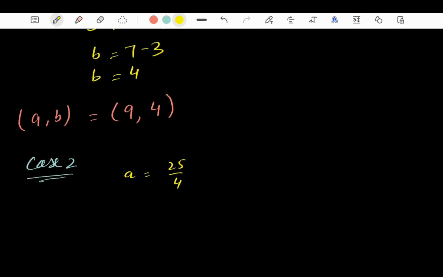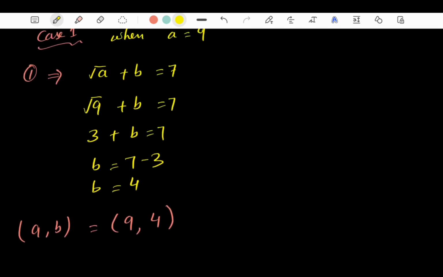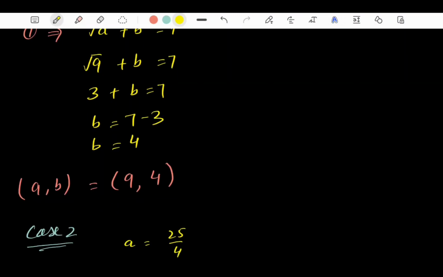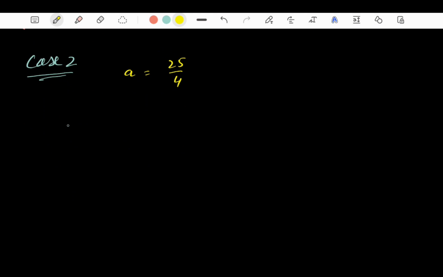Then what will happen to equation number 1? Equation number 1 was square root of a plus b is equal to 7, so square root of 25 by 4 plus b is equal to 7.